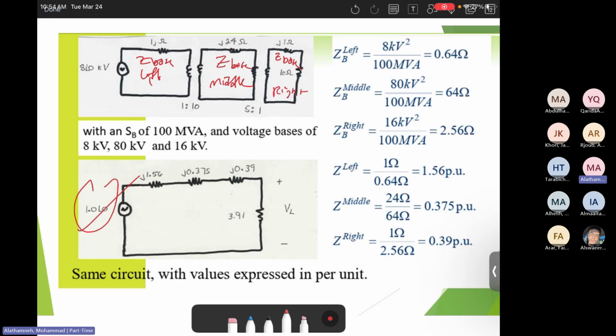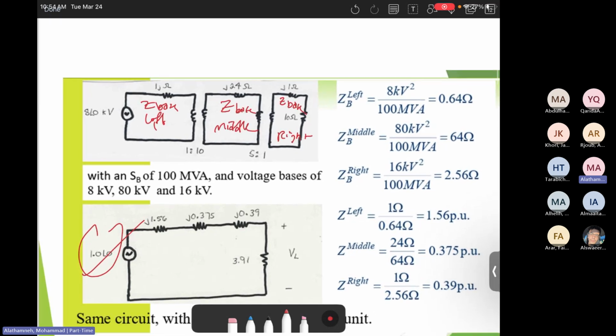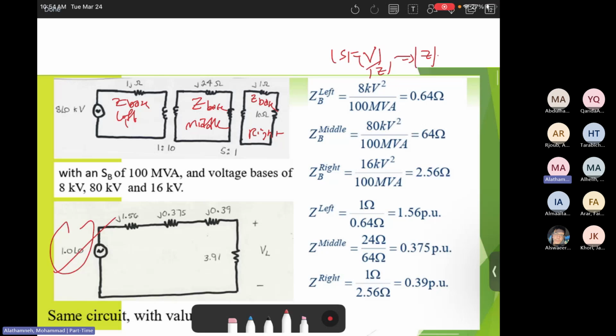So how to calculate Z base? As we know, S equals V squared divided by Z. Therefore, Z as a magnitude will be V squared divided by S. Okay?